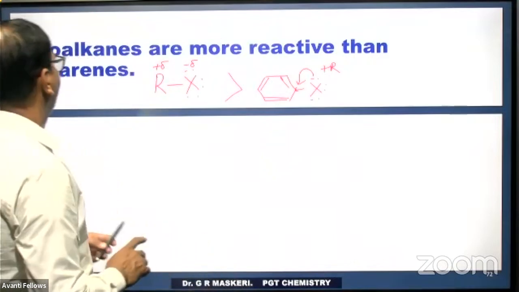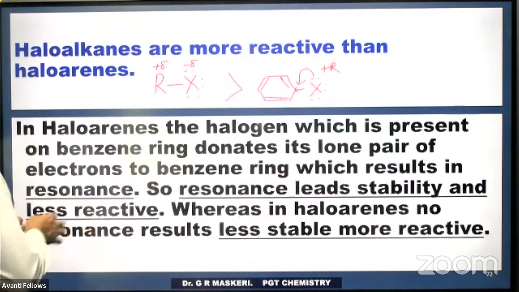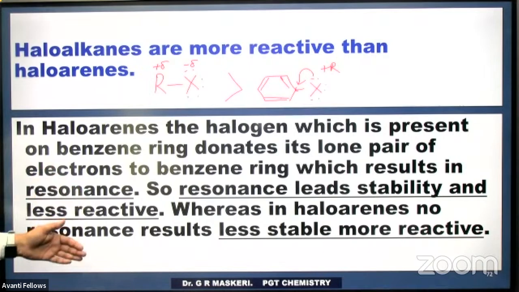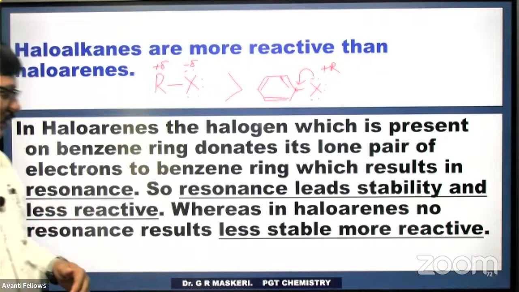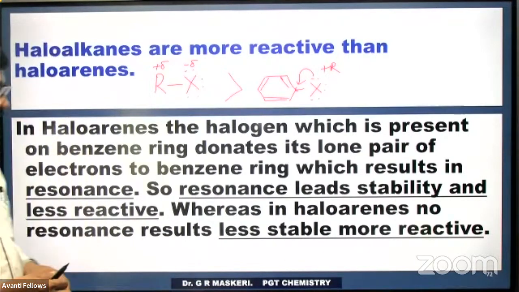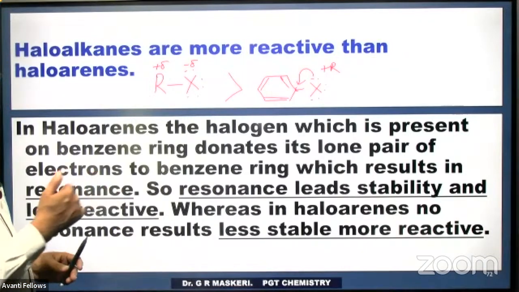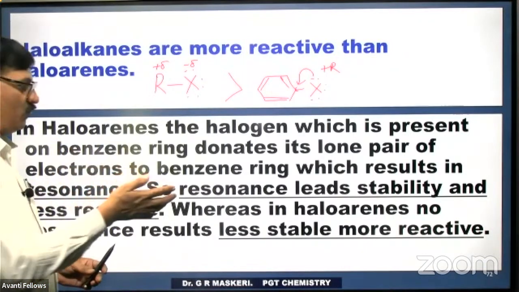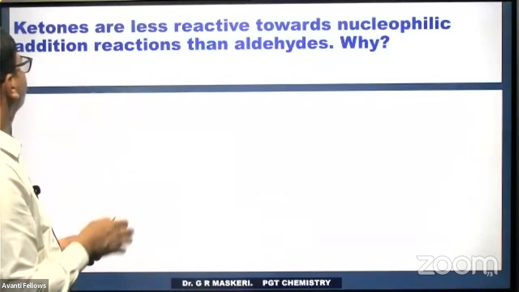Therefore, haloalkanes are more reactive than haloarenes. In haloarenes, the halogen on the benzene ring donates its lone pair of electrons to the benzene ring, which results in resonance. So resonance leads to stability and less reactivity. Whereas in haloalkanes, no resonance results, so they are less stable and more reactive. This is the way you have to understand.